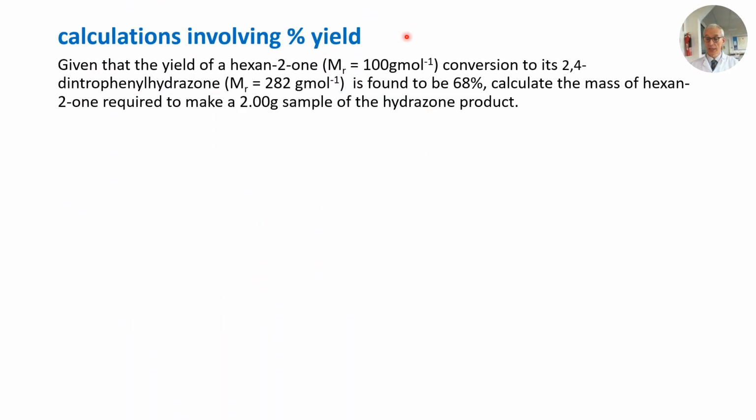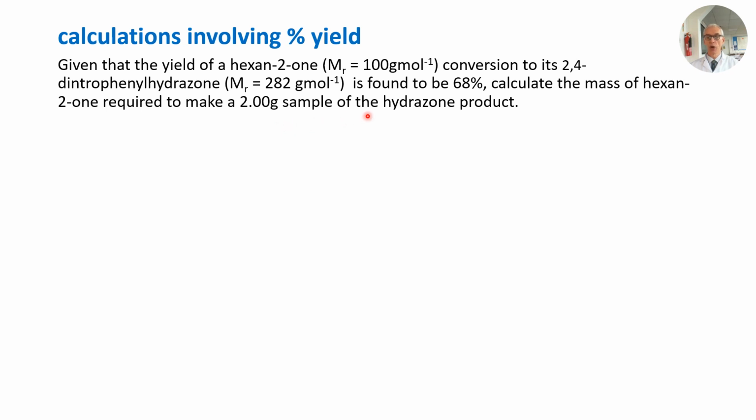Let's move to a second example that is more typical of an A-level question paper. Given that the yield of a hexane-2-one conversion to its 2,4-dinitrophenylhydrazone is found to be 68%, calculate the mass of hexane-2-one required to make a 2-gram sample of the hydrazone product.